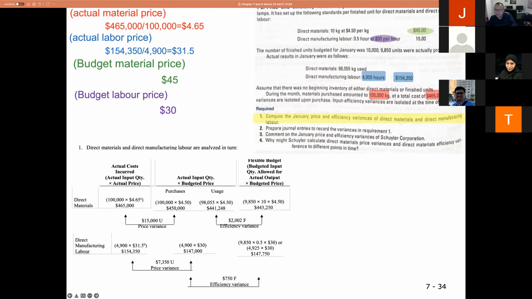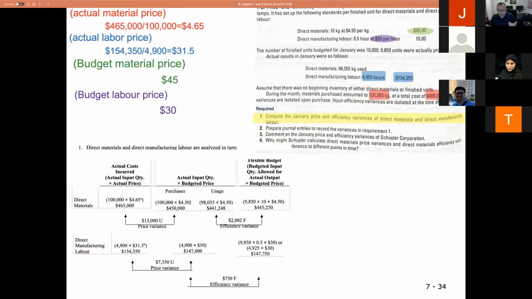So the point here is, if it's a small variance, you don't have to make a big deal of it. As a manager, you notice, whoa, $700 favorable variance. So the whole point here is you also want to recognize that a favorable variance, if it's not significant, does not mean good behaviors. It can just happen randomly.